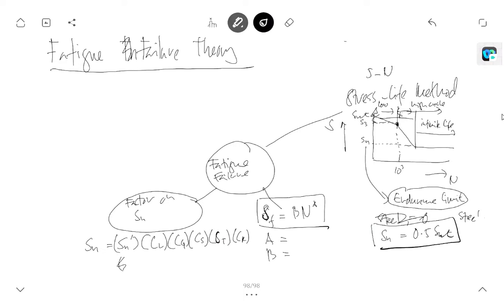So we have five factors which influence the experiment's endurance limit. All these factors we could get from the tables given, depending on the load acting on that component, either axial, bending, or torque applied on that component.